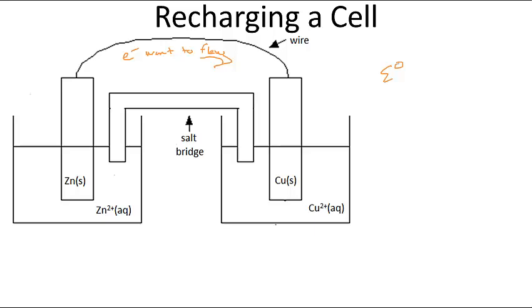I know we did it. It's back in my notes. My E naught is 1.10 volts moving this way. So my E naught the other way is negative 1.00.